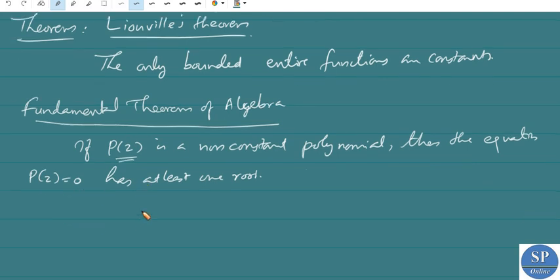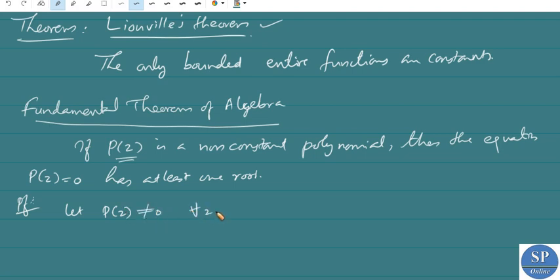To prove this theorem, we can use Liouville's theorem. Let us suppose, if possible, that p of z is not equal to 0 for all z.